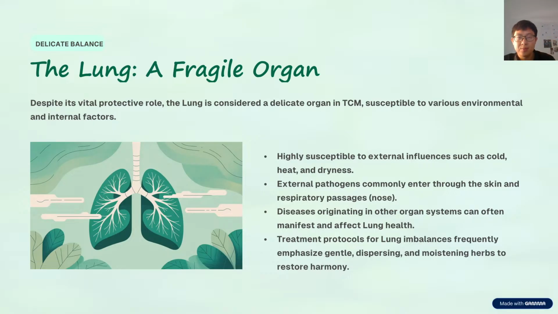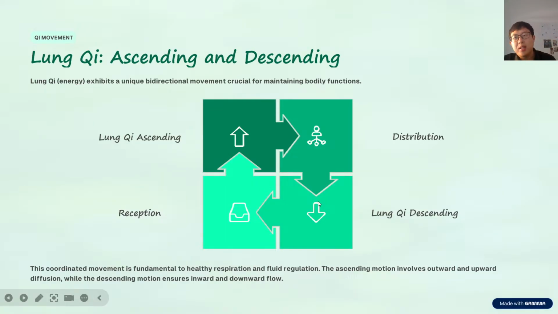Okay, lung energy, lung qi: ascending and descending. What does that mean? One of the core physiological features of the lung is the movement of the lung energy. The lung energy moves in two opposite but complementary directions.